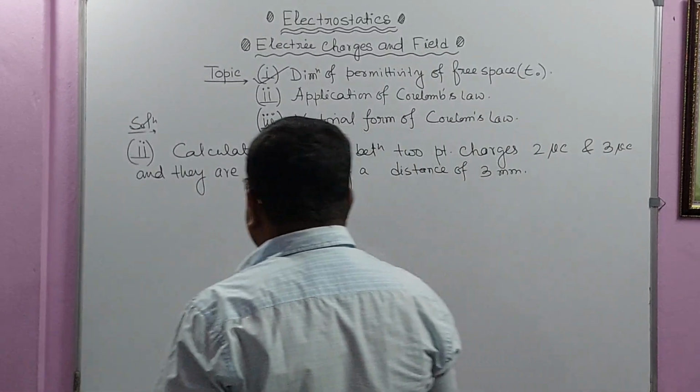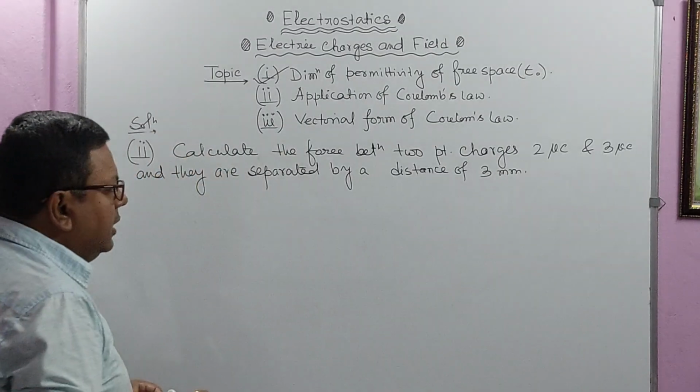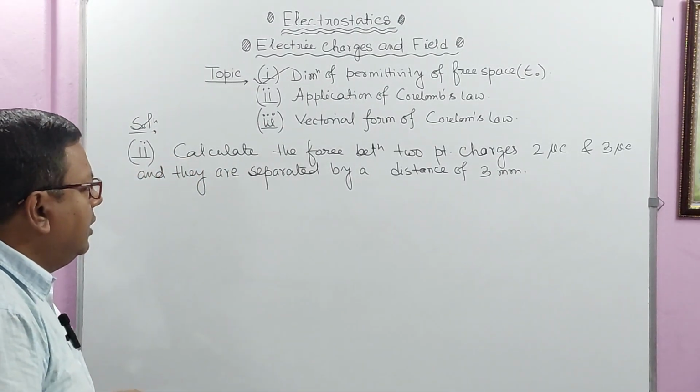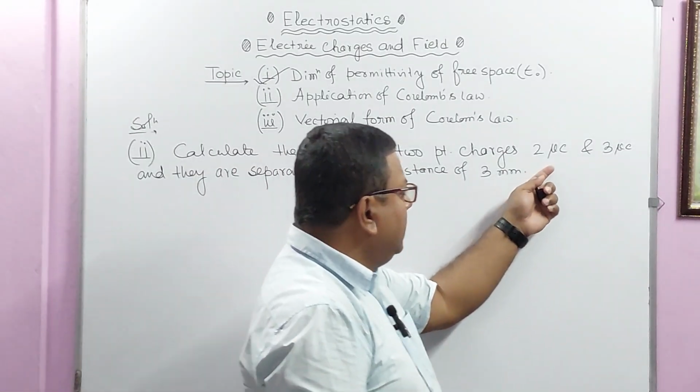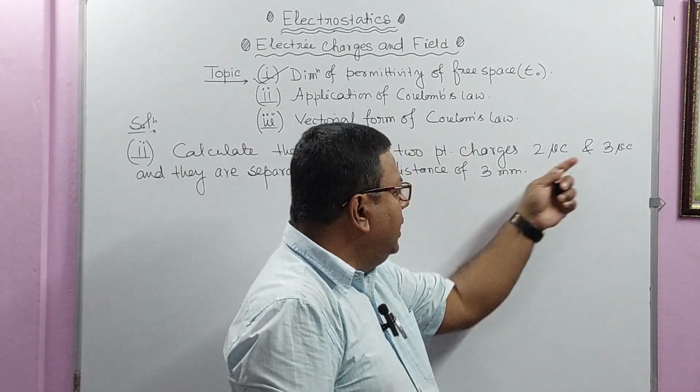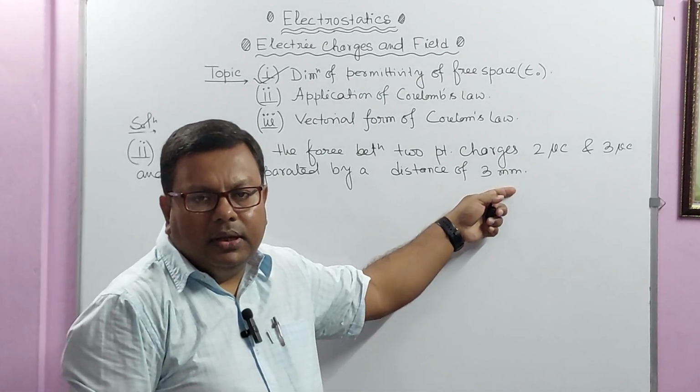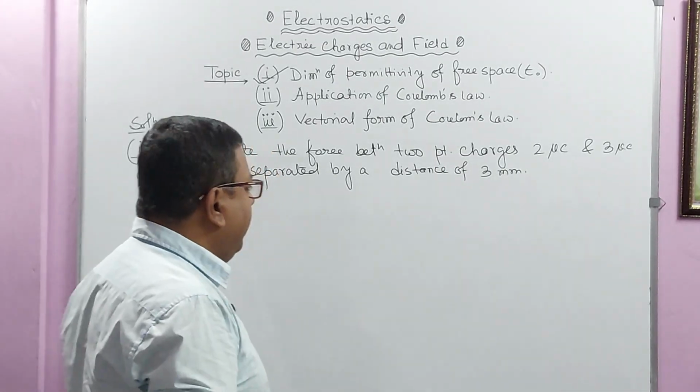Okay. So this is the situation. Under this situation, we are going to find out the Coulombian force when the 2 charges are 2 microcoulomb and 3 microcoulomb, and the separation between them is 3 millimeter. Okay.